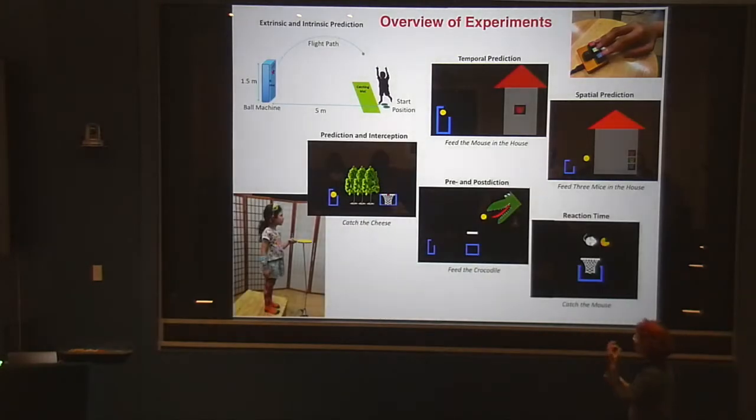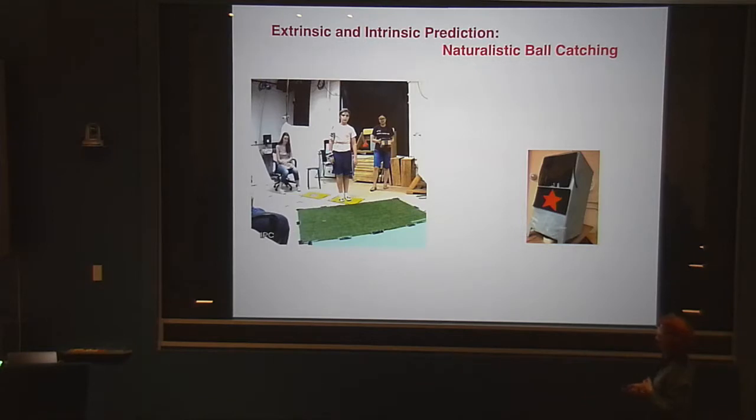Then we have three more tasks where the interaction with the environment is with a handheld paddle, where we measure the displacement of the paddle in interaction with the virtual object, and we can test prediction and interception, pre- and post-diction. And lastly, as a control task, reaction time in the same setting to account for alternative causes for motor impairment. So let's begin with our very realistic catching.